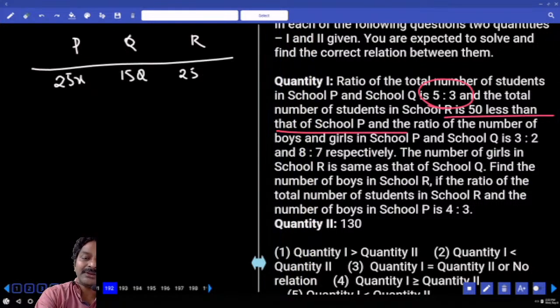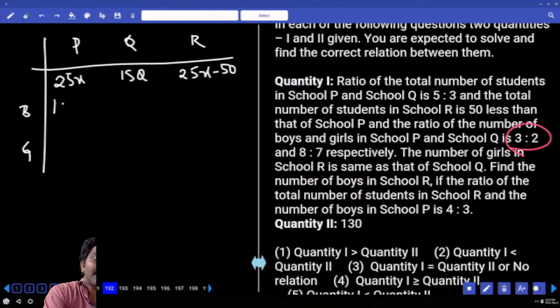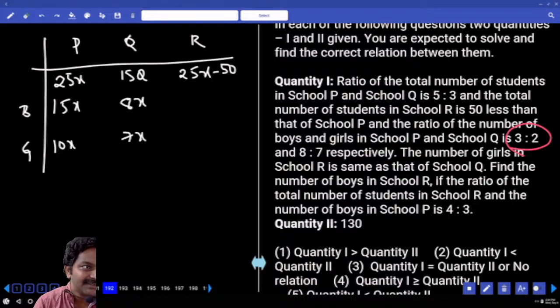That means 25x minus 50. Is that okay? Now everywhere we are going to have boys and girls. In P, they said the ratio is 3:2. That means 15x and 10x. And in Q, they said 8:7, so 8x and 7x. Is that okay? Continue.